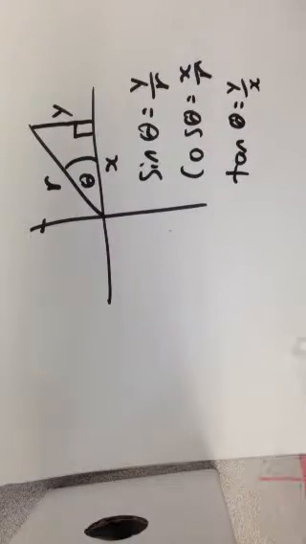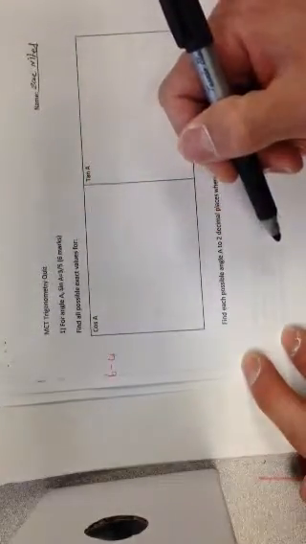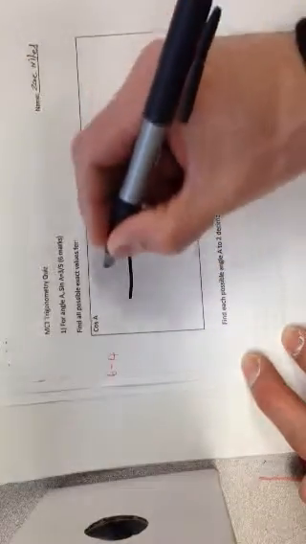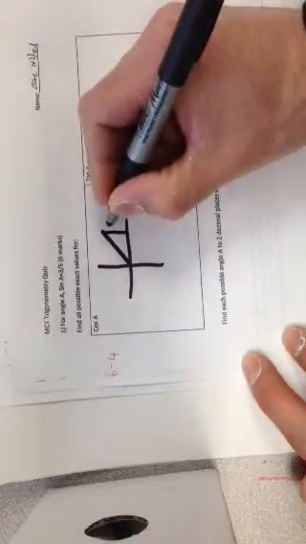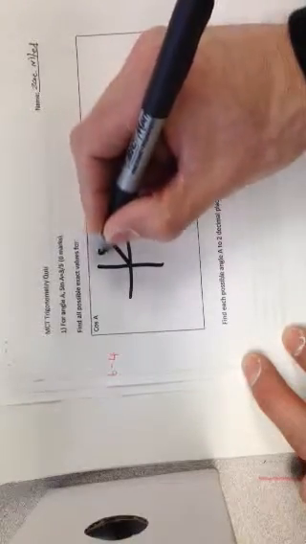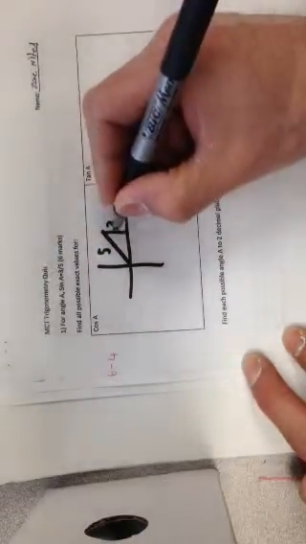Now we're going to apply this to question 1. Okay, you can pause it there and copy this out if you need it. So it says here the sine of A is 3 over 5. Now I'm just going to draw that. That's a 3, and that's a 5.